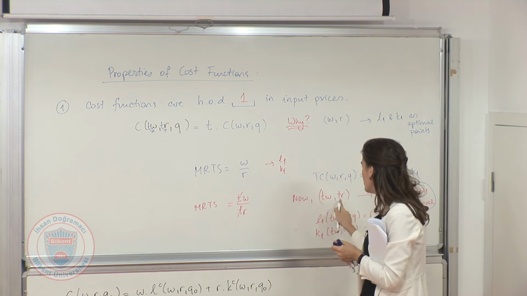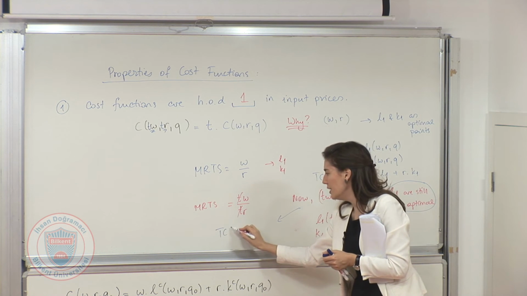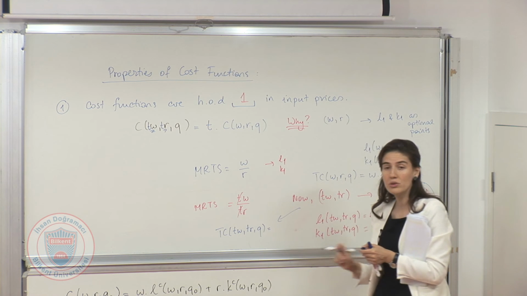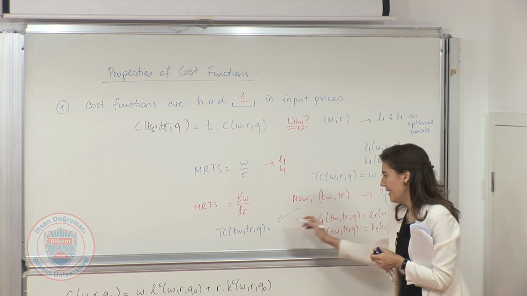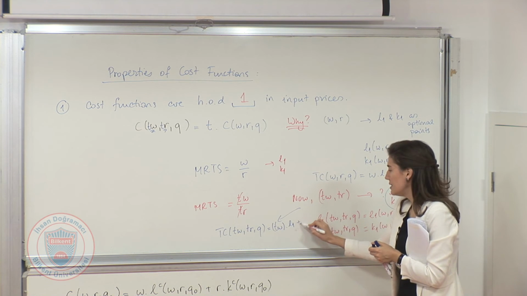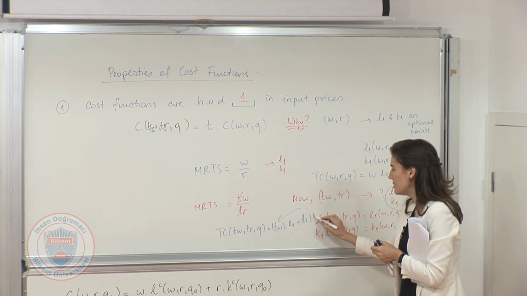Then what is the total cost? So here in this case, at prices TW, TR, the total cost is T times W times L1 plus T times R times K1.